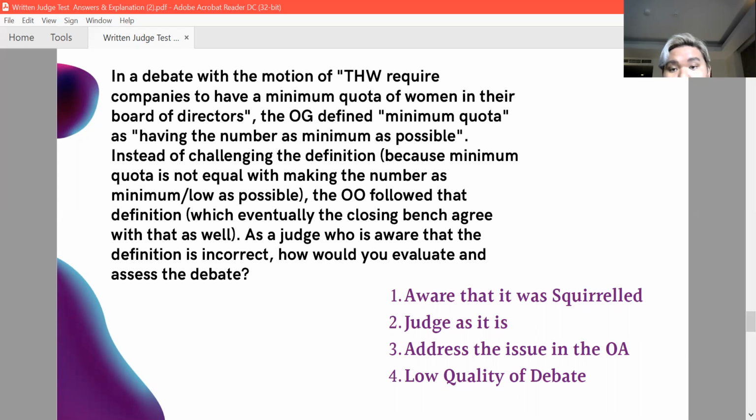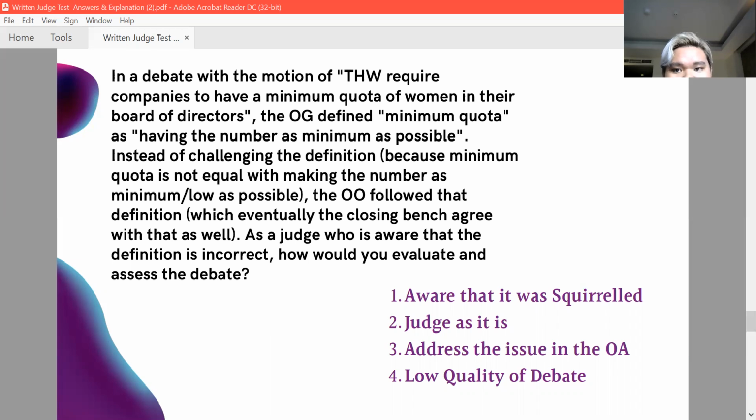But four, just because you judge the debate as is, you also need to recognize that probably the quality of the debate will be lower, because in making a motion, the adjudication court already thinks a lot about the balance of the motion, for example, or whether or not the motion has a room of exploration for the closing benches. Creating a squirrel new definition means that probably the motion could be unbalanced, or probably the motion will be very neat and give no room of exploration for the closing bench.